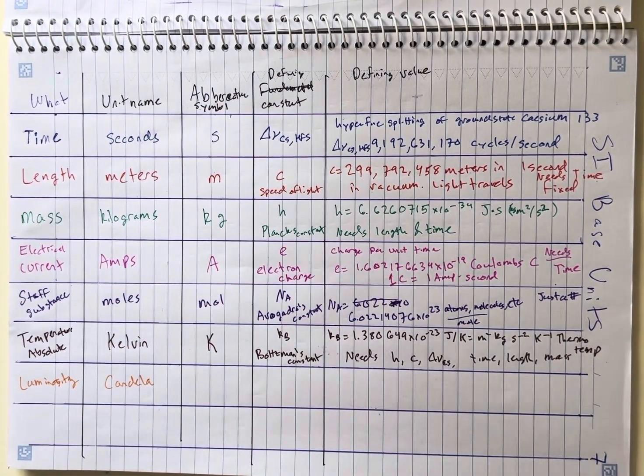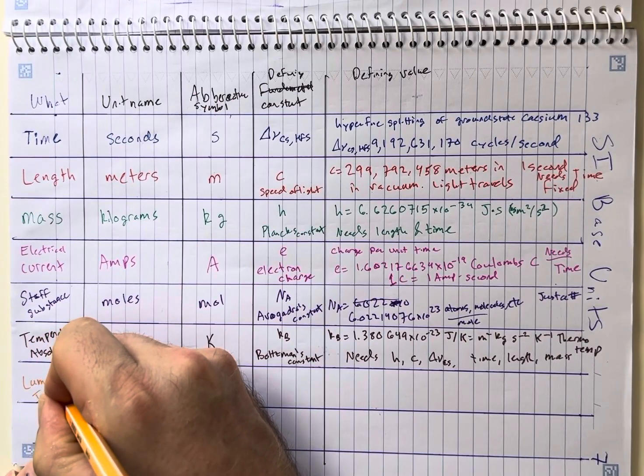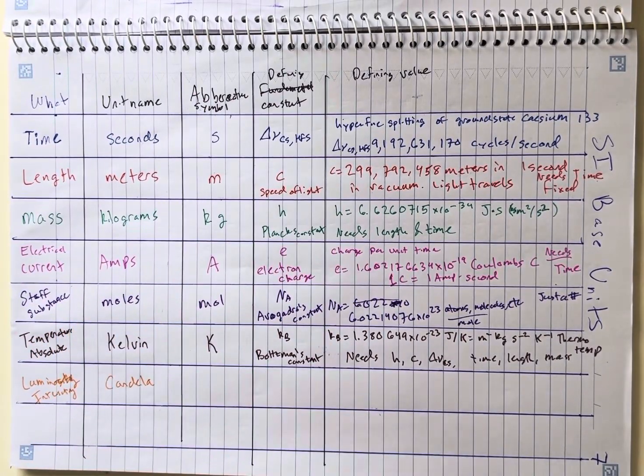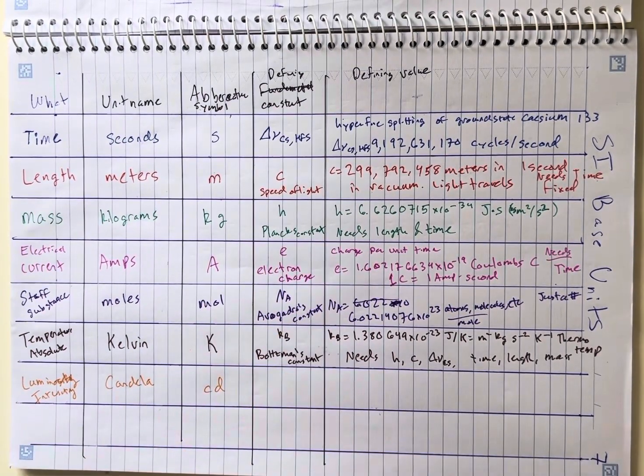Okay, and finally, candela. The weird one. Luminous intensity. It's the candela. It's got a symbol of cd.